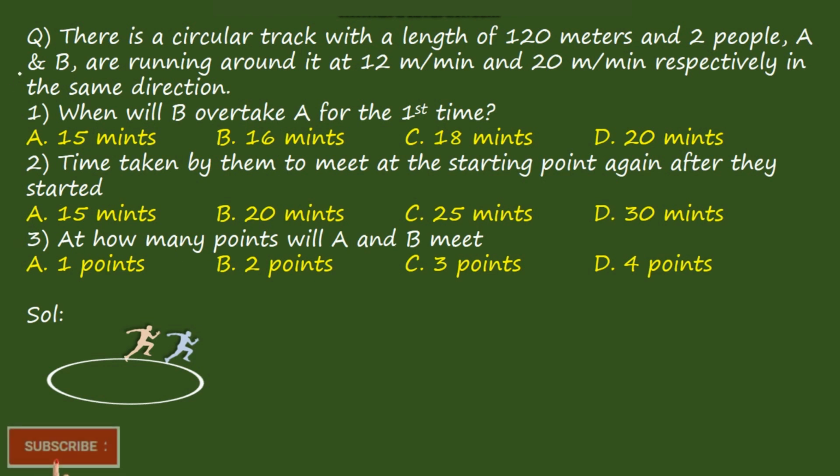First, I understand the question. They're saying that there is a circular track whose length is 120 meters. Two people, A and B, are running.